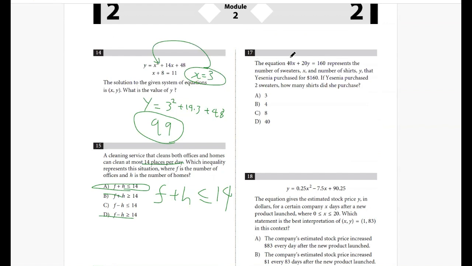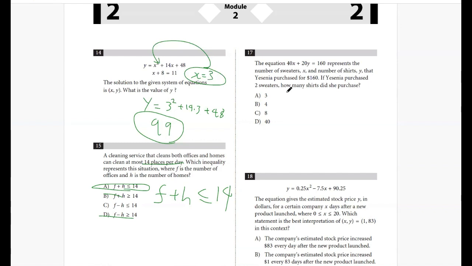The equation 40x plus 20y is equal to 160 represents the number of sweaters, x, and number of shirts, y, that Yesenia purchased for $160. If Yesenia purchased 2 sweaters, how many shirts did she purchase? The number of sweaters is x.